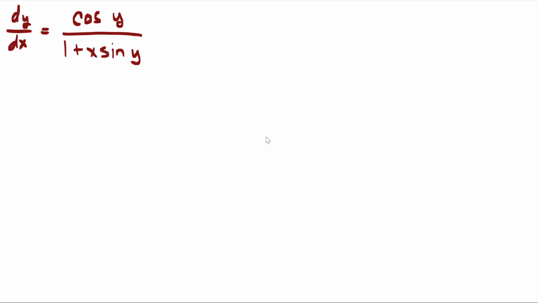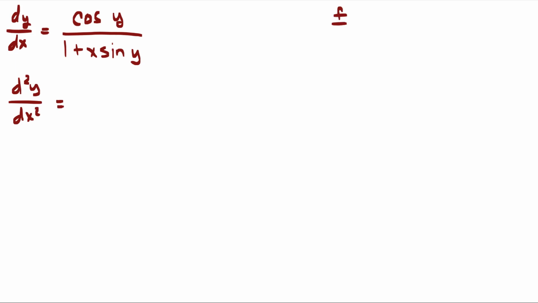Alright, now we are moving on to the second derivative. Okay, so remember this is going to be the quotient rule here. So let's go with it. d squared y over dx squared.